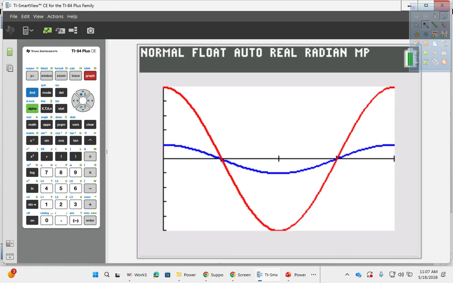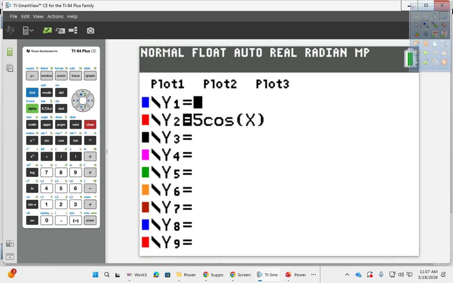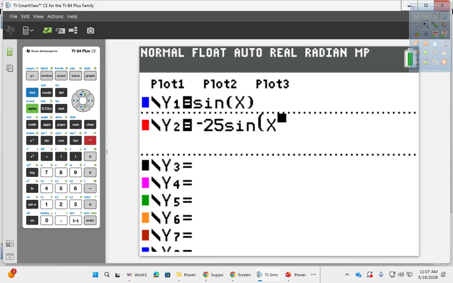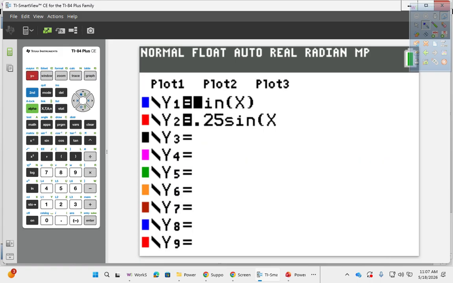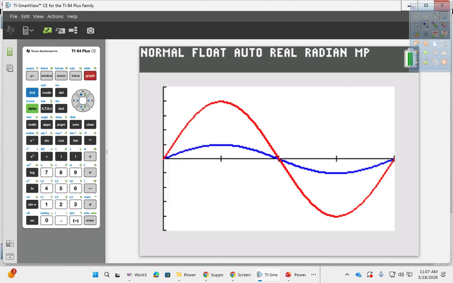All right, so my original function is sine of x, and my new function is 1/4 or 0.25 sine of x. So look at the blue compared to the red. The red got shorter, and we call that a compress. The reason it compressed is because of the fraction. If this was a 4 instead of a 1/4, now it's getting taller, okay?